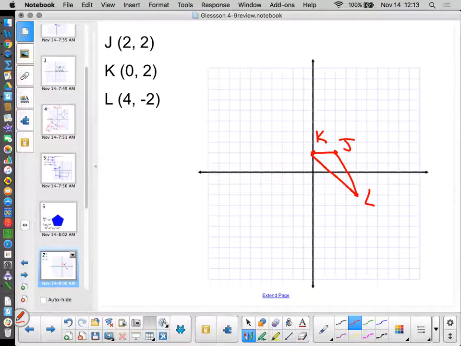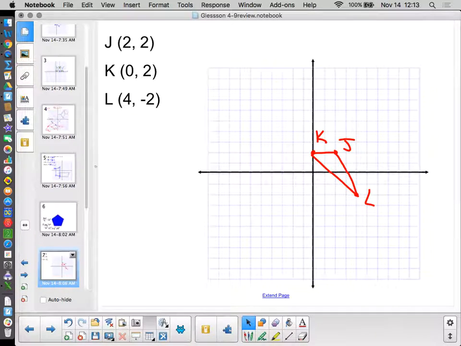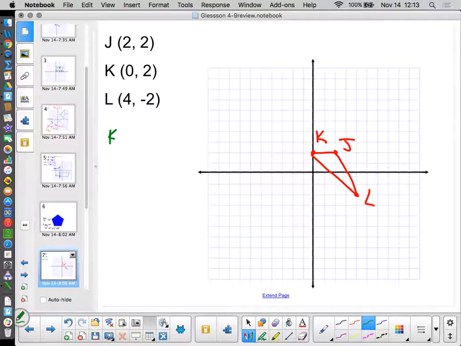So there's my original. Now I want to dilate this with K equals 1/2. Now dilation is super simple from the number standpoint, because what are we going to do? Multiply what? Things. Multiply things, okay. All of them?